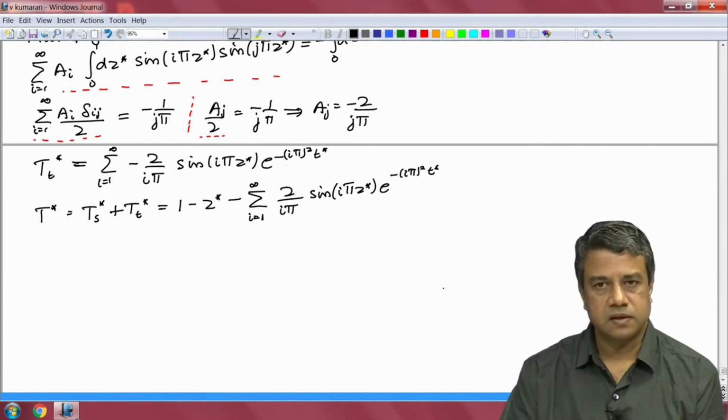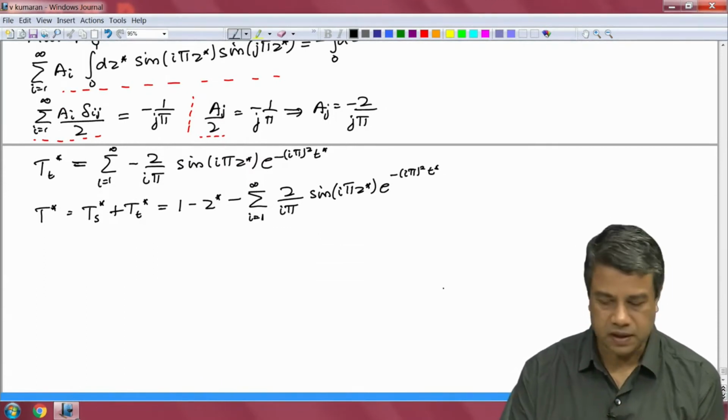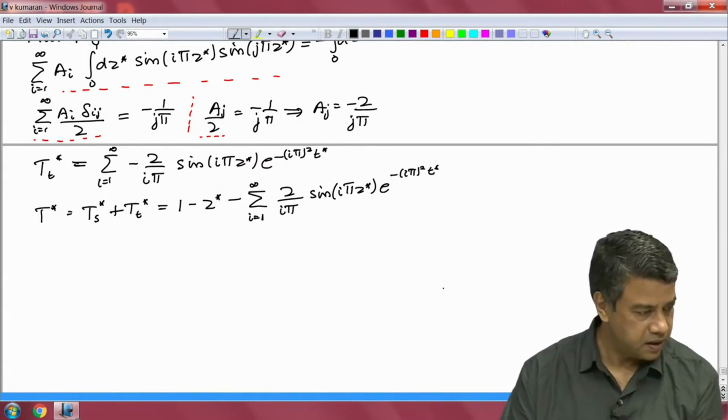So, that is the final solution for the temperature field as a function of time.